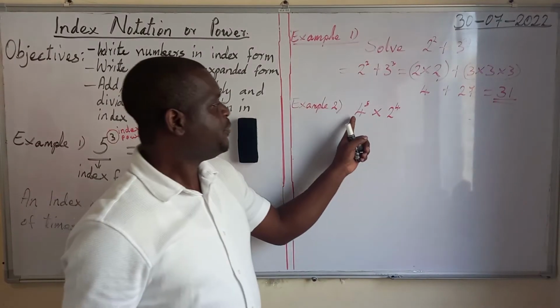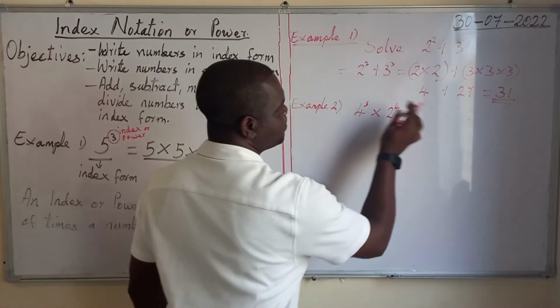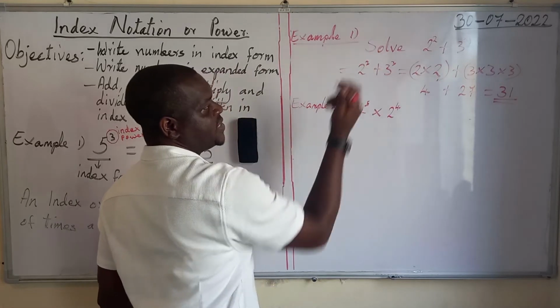Example 2, 4 to the power 5 times 2 to the power 4. We expand same as we did in the first example.